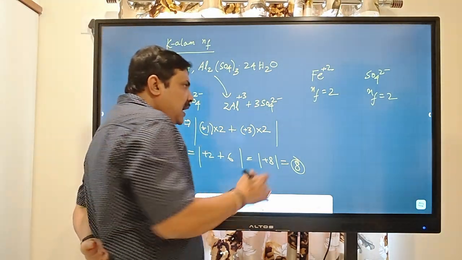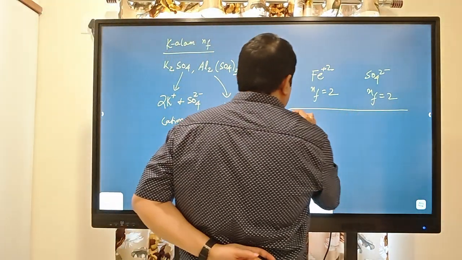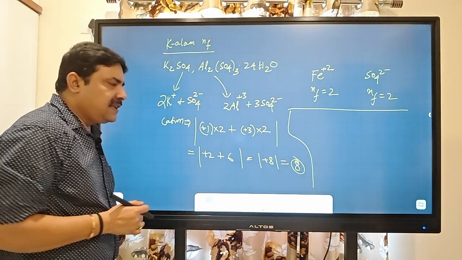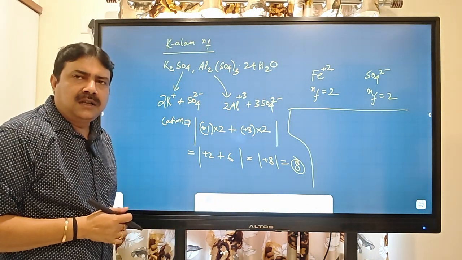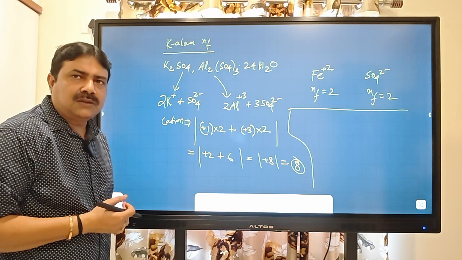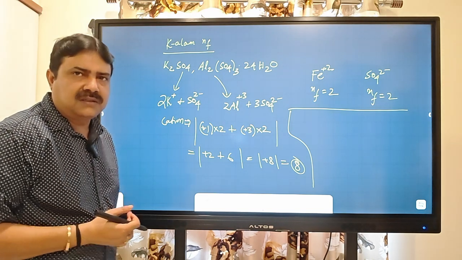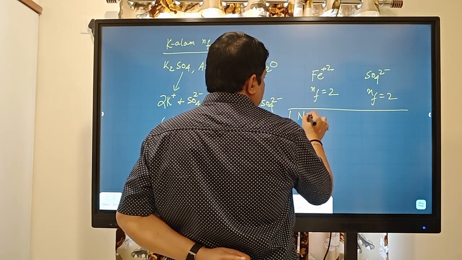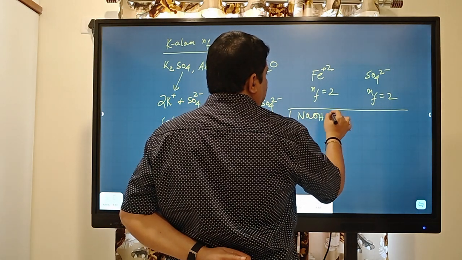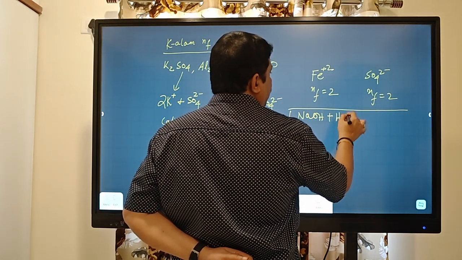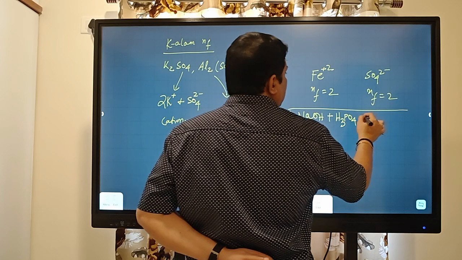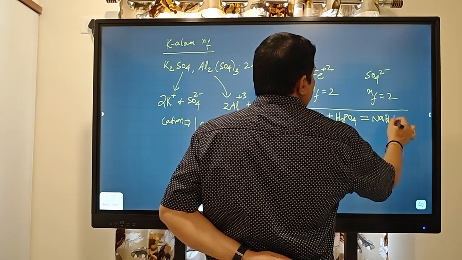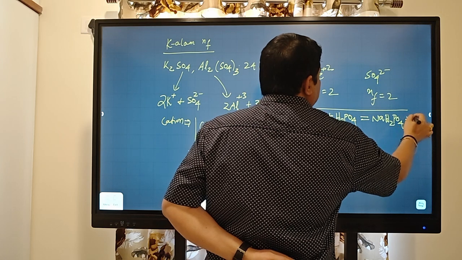Now, as of now we discussed the acid's ionizable or replaceable H plus. Let us discuss one important idea which will help you understand that type of question. Suppose I write the equation like this: NaOH reacts with H3PO4 and forms NaH2PO4 plus H2O.